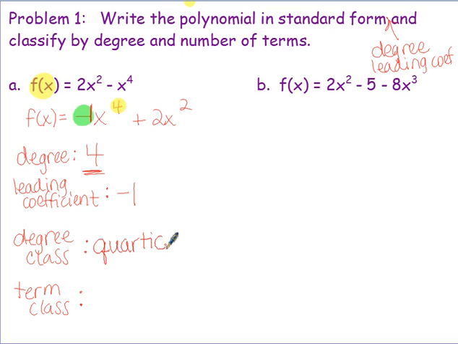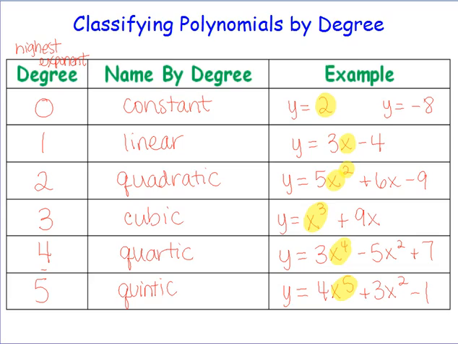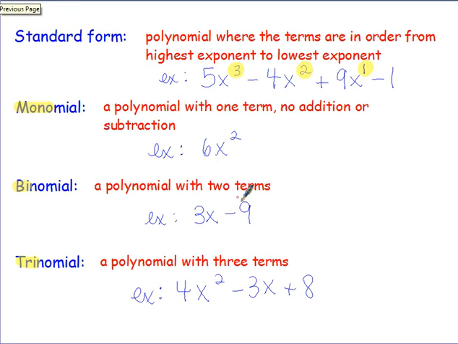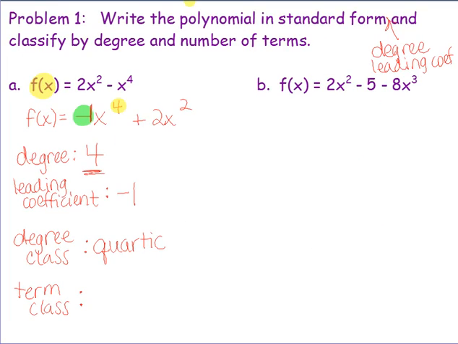And then finally, I need to know how many terms this has. Well, it has 2 terms right here, meaning binomial. So we're going to call this a binomial. Okay, so that was just using our vocab. So pause the video. Please try part B on your own.